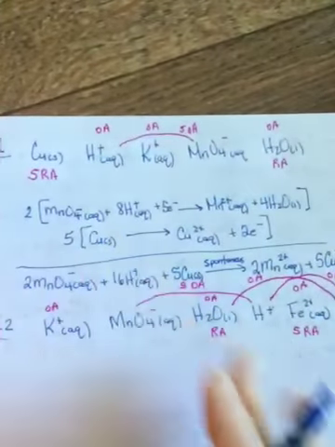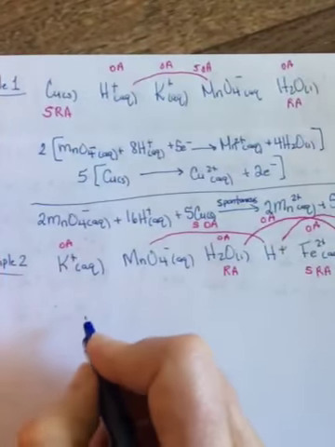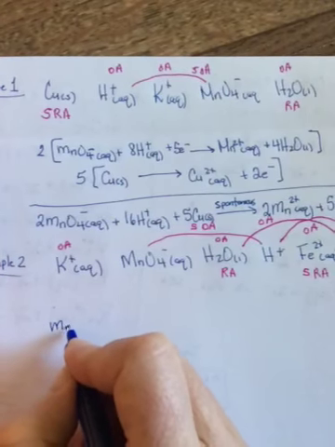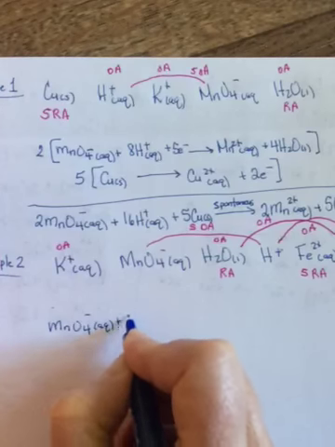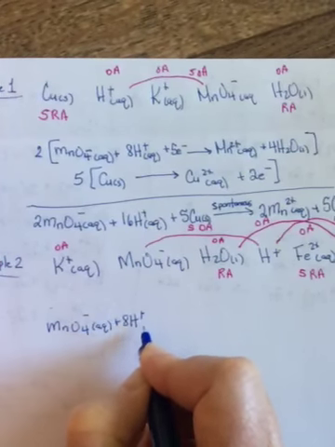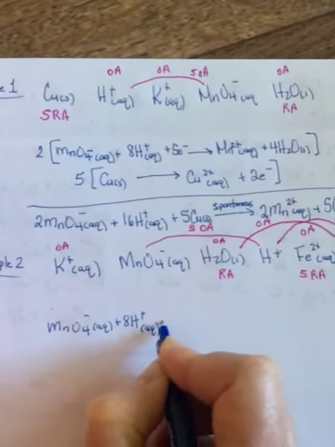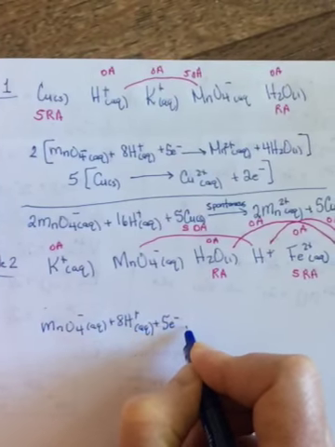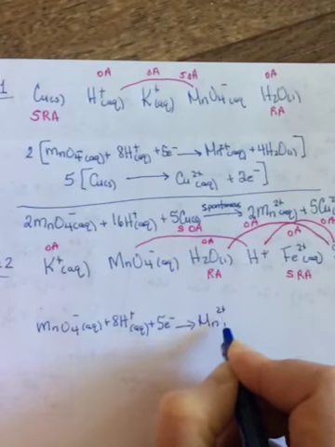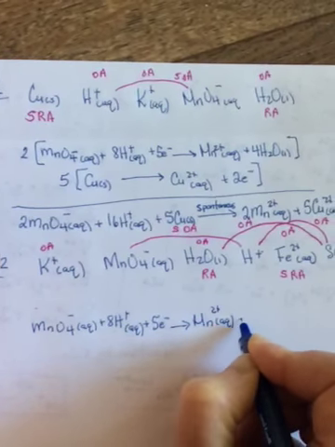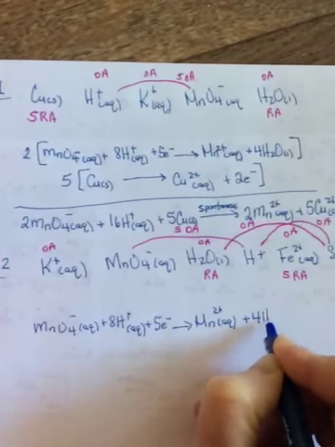So the MnO4 is exactly what we had up top. So it'll be MnO4 negative aqueous plus 8 hydrogens aqueous plus 5 electrons going to Mn2 positive aqueous plus 4 waters.